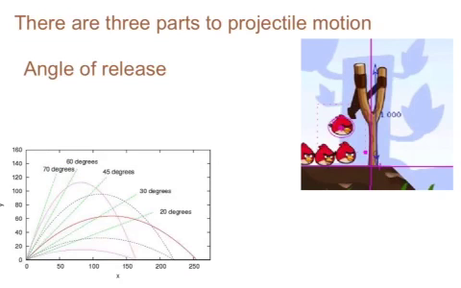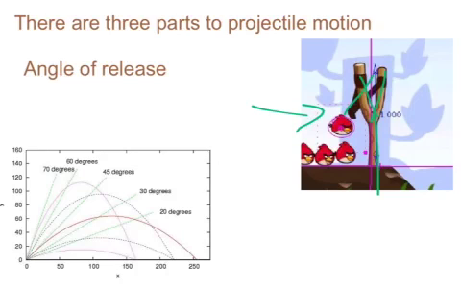Going through the three main parts to projectile motion, the first is angle of release. You can see over here we've got an example of Angry Birds, and the person's pulled down the little slingshot. Now angle of release is very important. Your angle of release is going to change depending on where you're shooting the bird in this case, or where you're throwing a ball or kicking something.